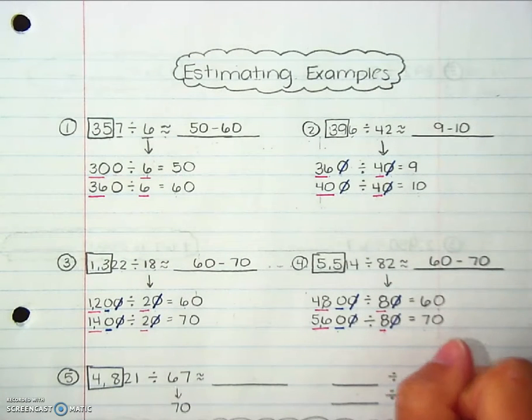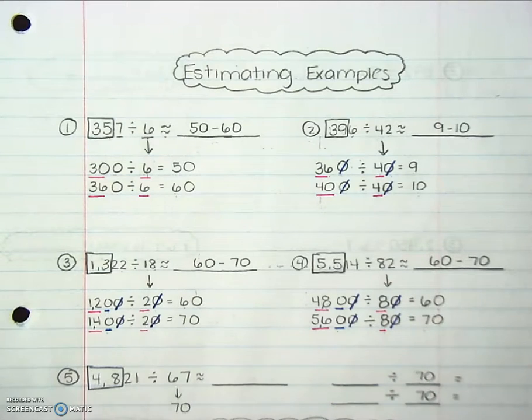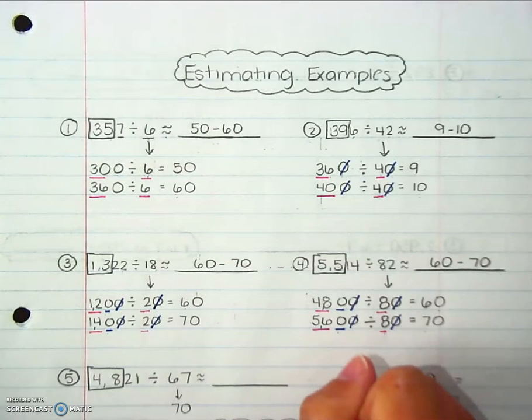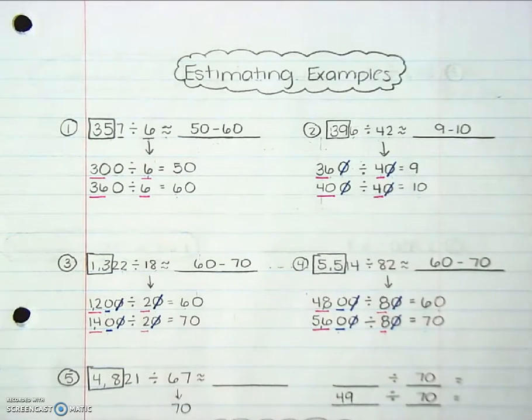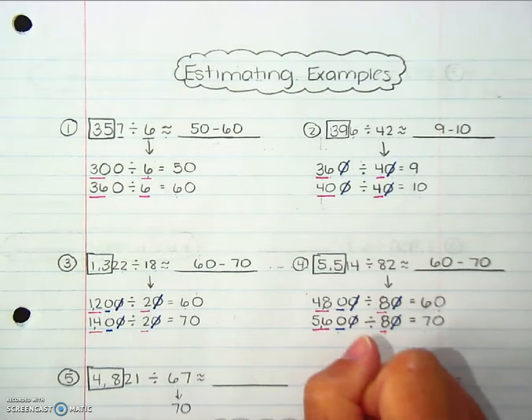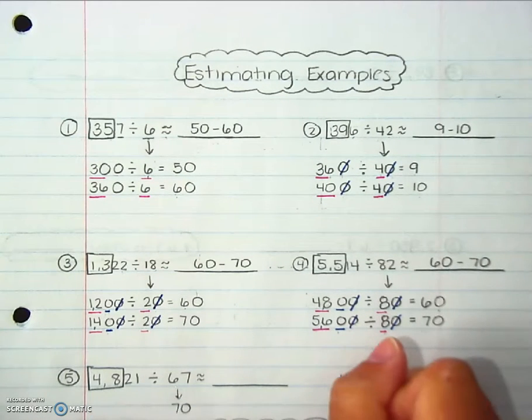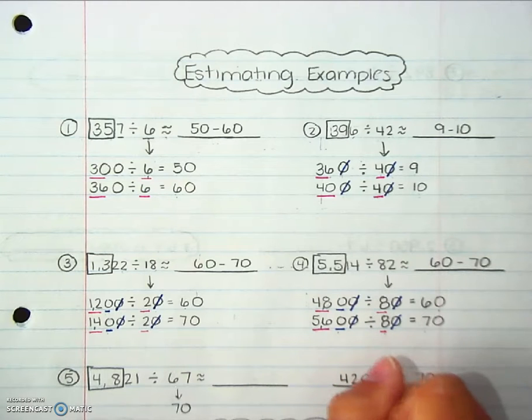So I know I'm dividing by 70 in both of these examples. 48 is really close to 49. I know that right away. So I'm going to write 49 as my higher estimate, which means that my lower estimate would be 1 group of 7 less, or 42. I have a 4-digit dividend, so I need 4-digit dividends when I'm estimating as well.